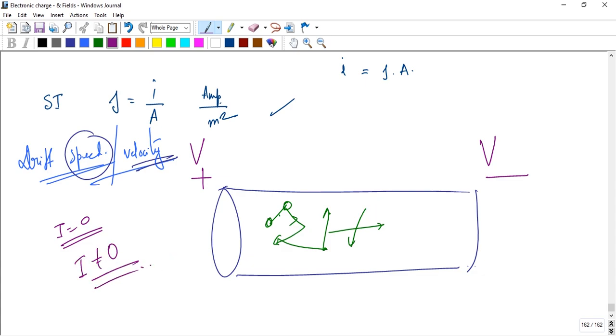That is before and after applying the potential difference, PD. After the potential difference is applied, the free charges get a drift. They move randomly, but they tend to drift with a drift speed.